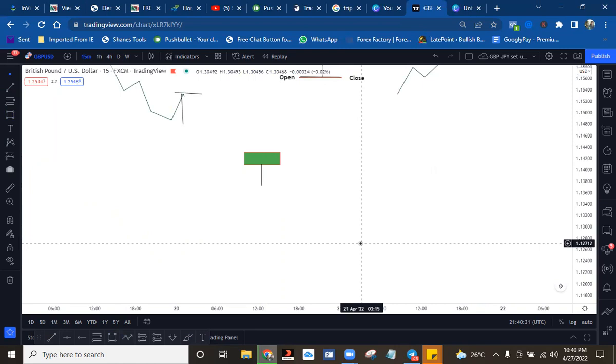It could signify a bullish signal, and it could also signify a bearish signal. It all depends on where you find it. If you see a hammer in a down moving market, it's signifying a bullish signal. If you see a hammer in a bullish moving market, it signifies a bearish signal.